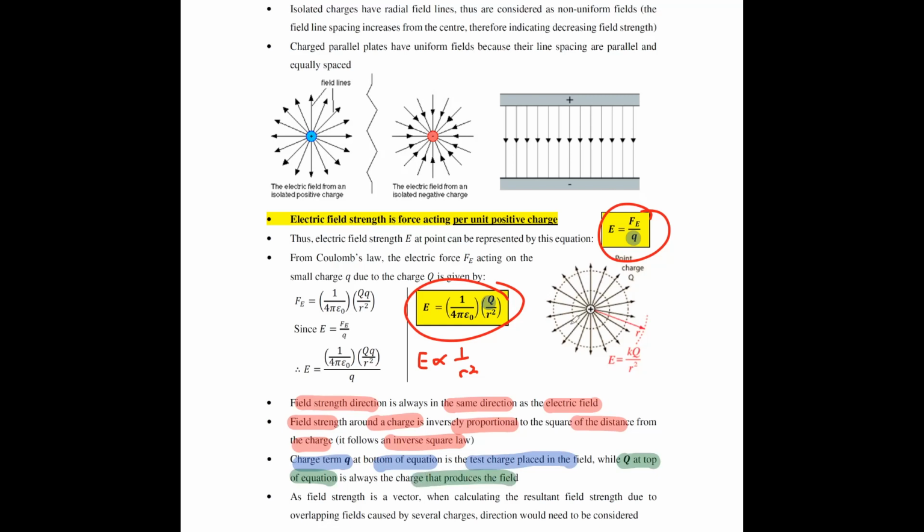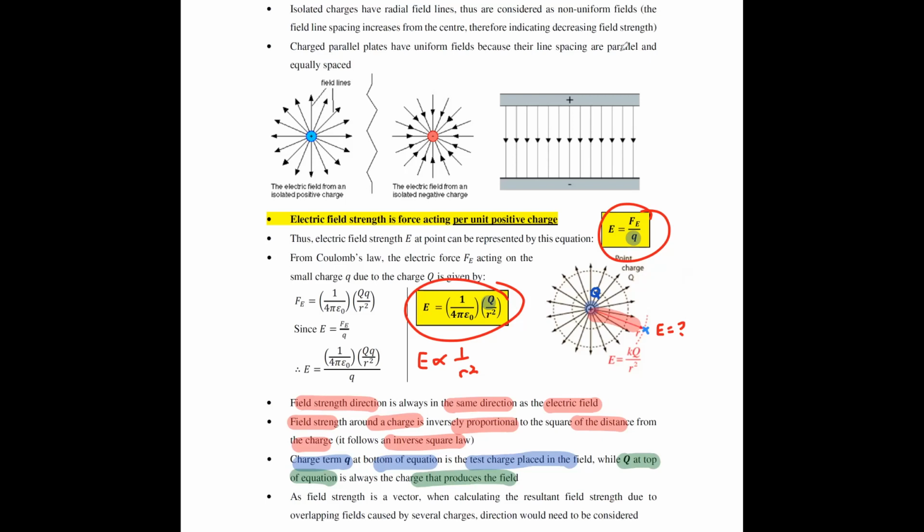Okay, to give you an idea how this will be applied, look at this little diagram that you have here. Say this right now is some sort of positive charge. It produces an electric field, so we call this big Q here. Then, at some distance away from that charge, we're interested in finding the electric field strength. Let's say I'm interested in this particular point here, at a distance of r from the charge itself.